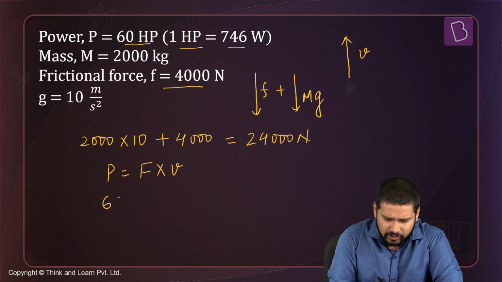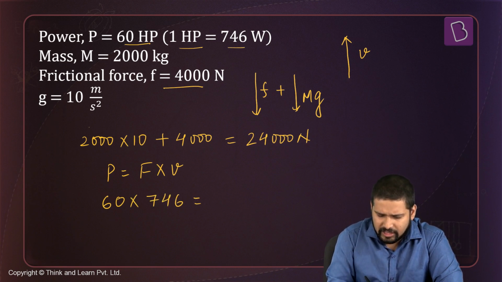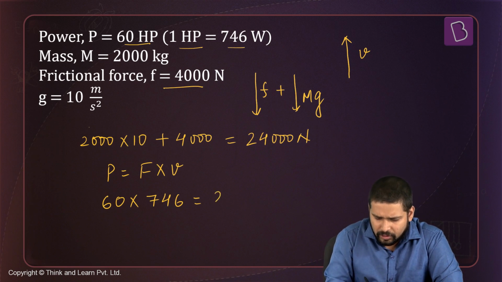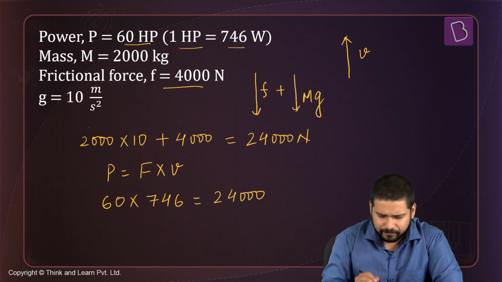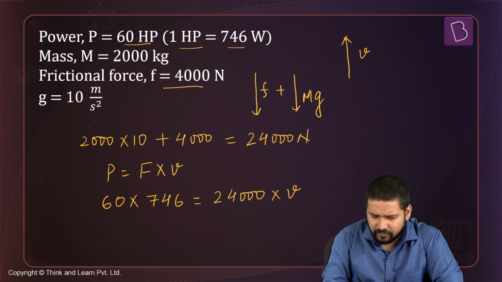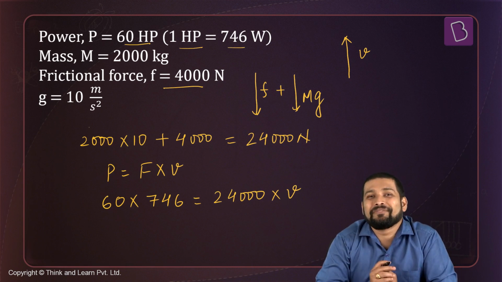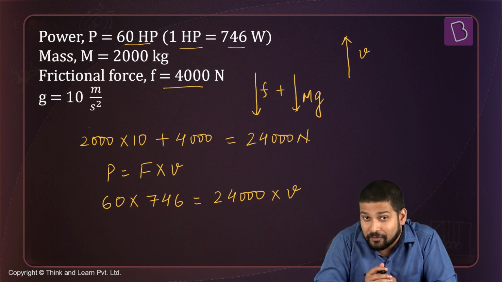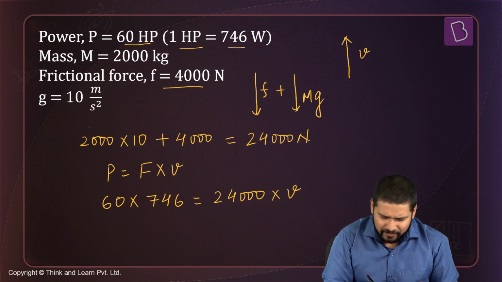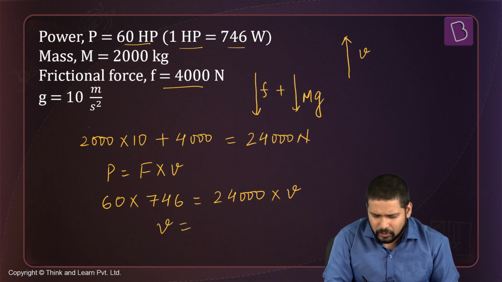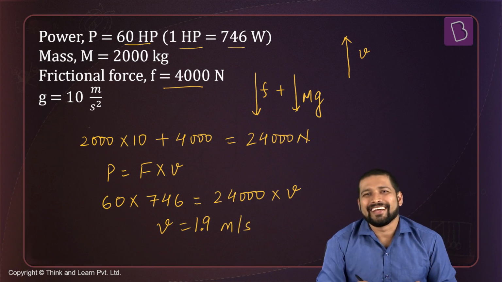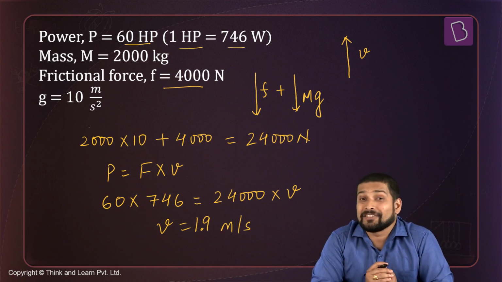So power is equal to 60 times 746, which is equal to 24,000 times velocity v, and this value of v is what we have to find out. Now if you calculate, you're going to get v equals 1.9 meters per second, and that is the answer to this question.